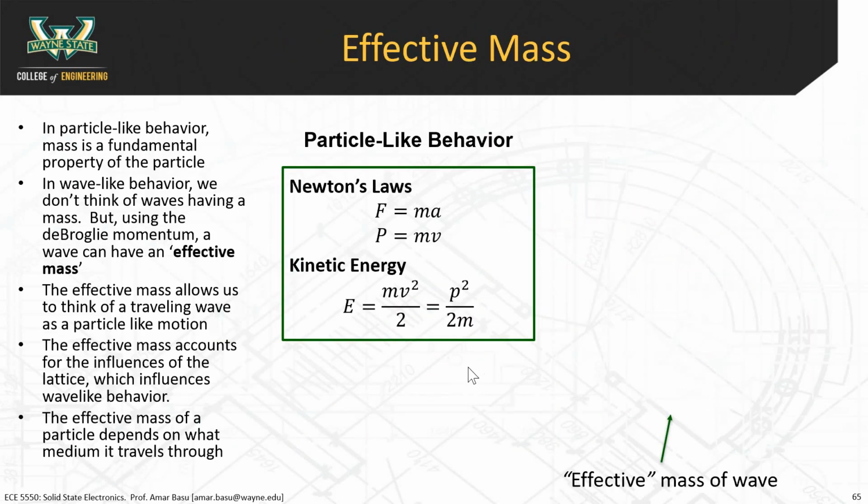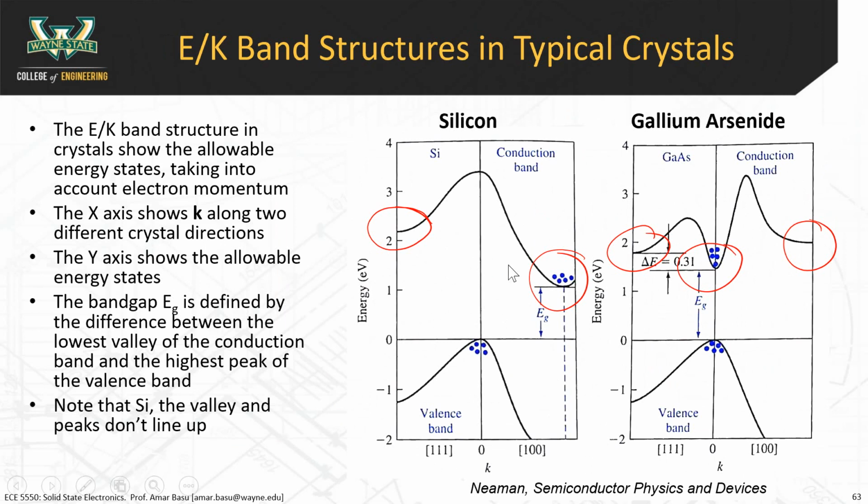So when we look at a real band diagram like silicon, the way that silicon wafers and microprocessors are made today, they're oriented so that the electrons are traveling in the 100 direction. So this is the most commonly used conduction band minima for silicon, and you can see that it has a certain curvature associated with it.